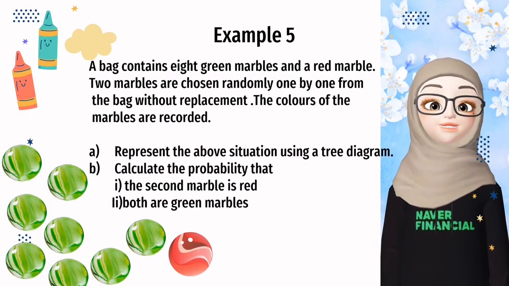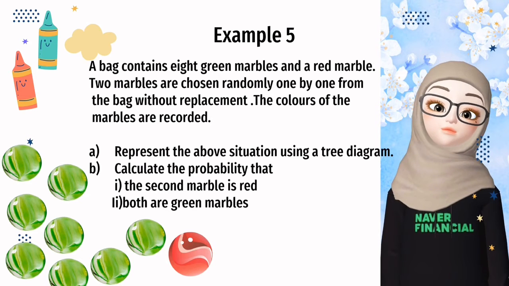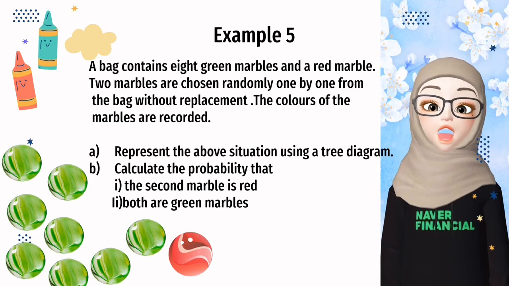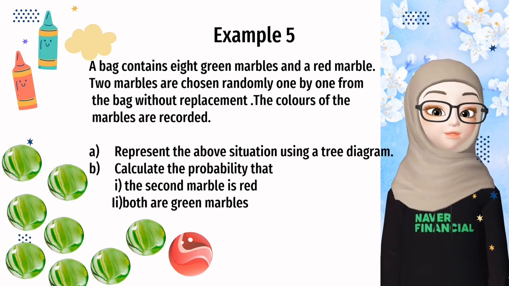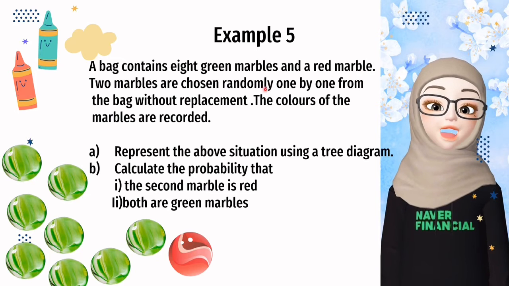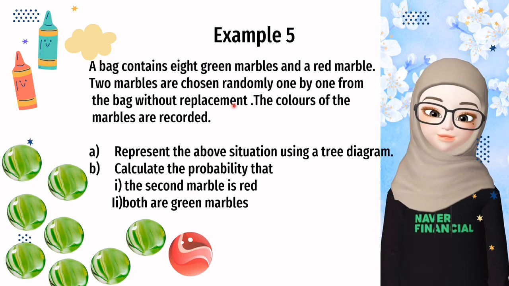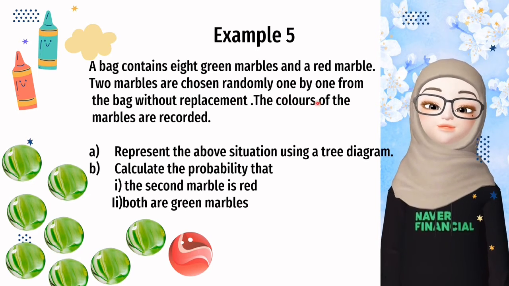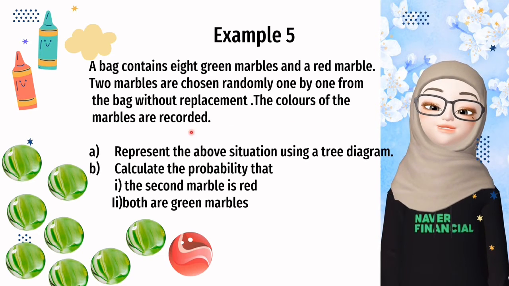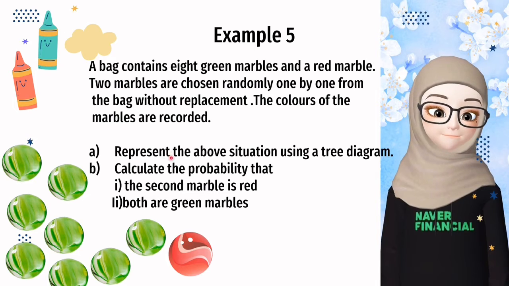Now, without wasting our time, we go to example 5. A bag contains 8 green marbles and a red marble. 2 marbles are chosen randomly one by one from the bag without replacement. The colors of the marbles are recorded.